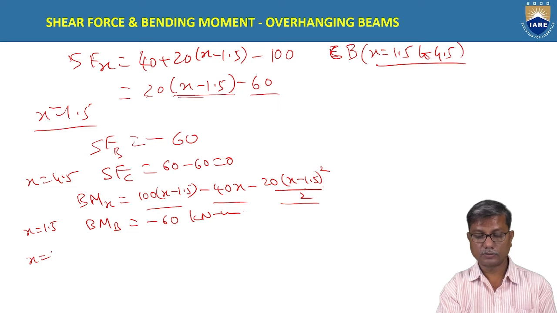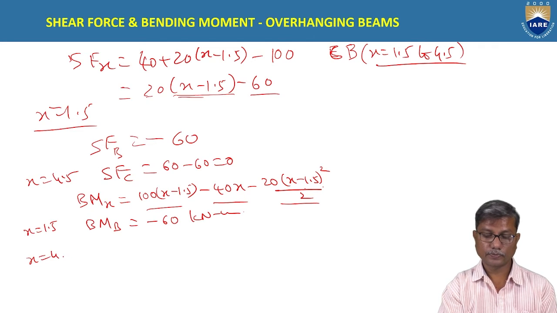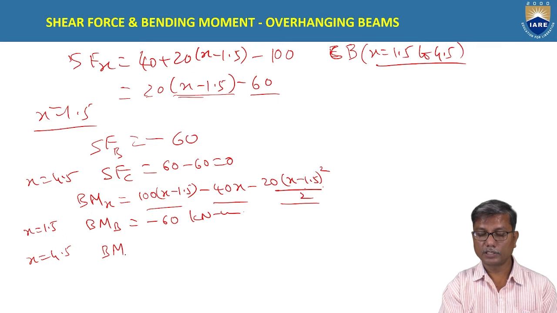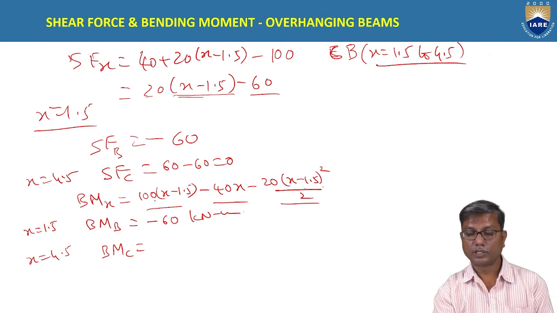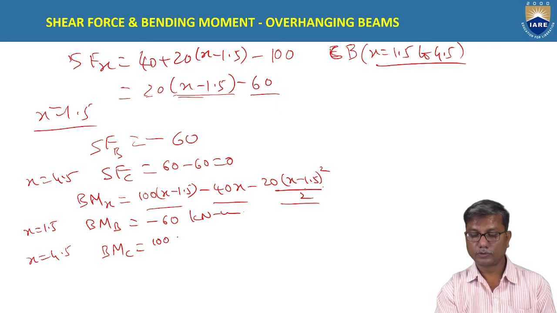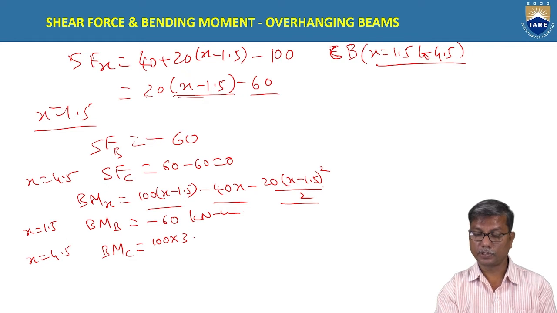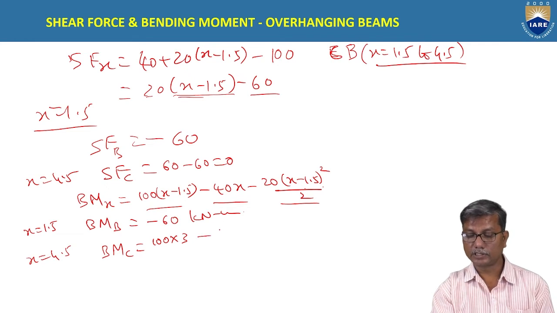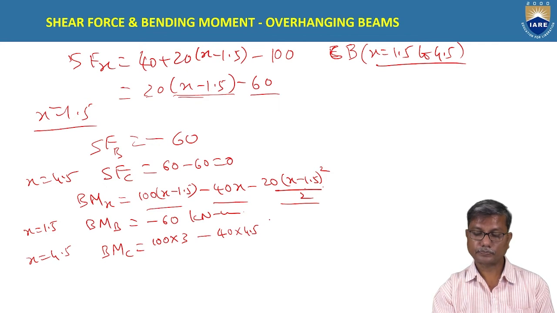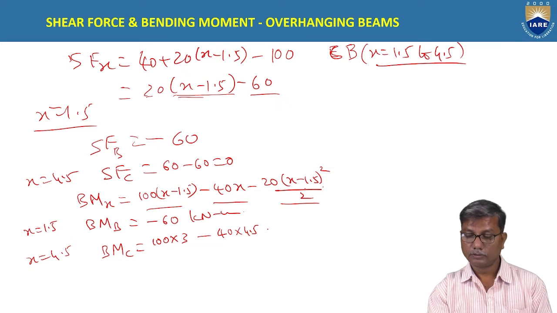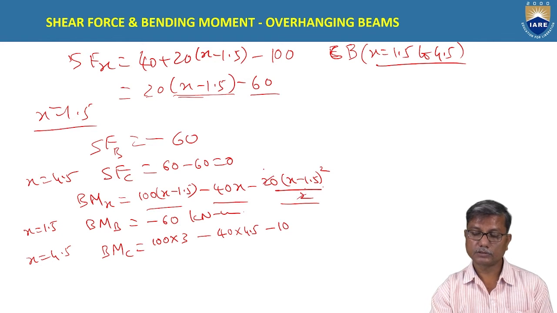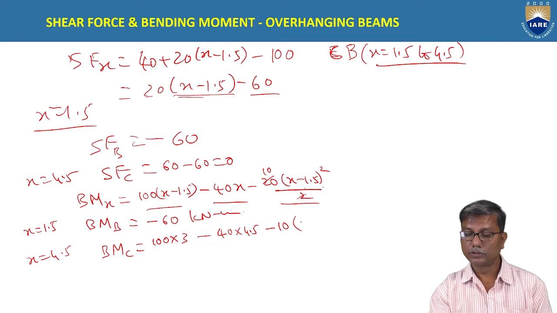And at X equal to 4.5, you will get bending moment at C. So 100 into 4.5 minus 1.5, that is 3, and 40 into 4.5, minus 10 into 3 square.